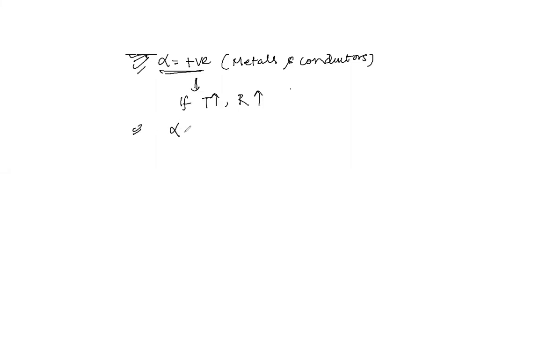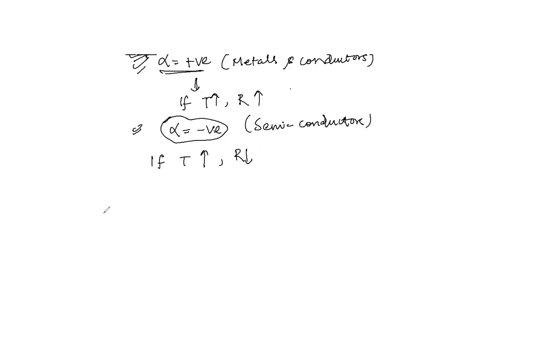Similarly, if alpha, the temperature coefficient, is negative, which usually takes place in semiconductors, then if we increase the temperature, the resistance decreases. Similarly, if alpha is equal to 0, usually it takes place in case of alloys.